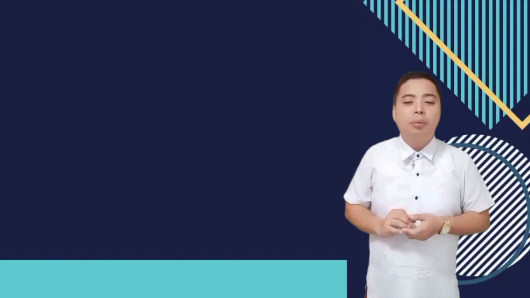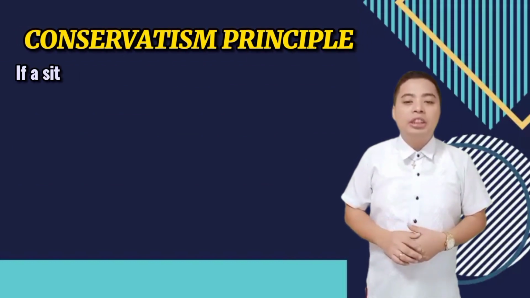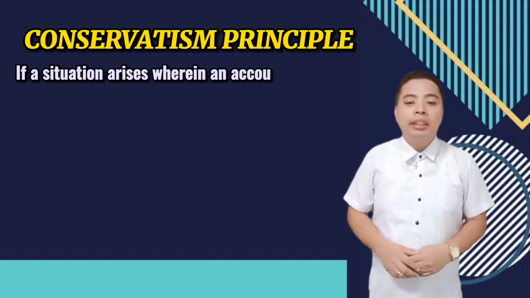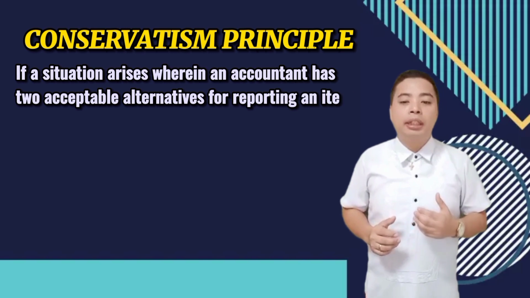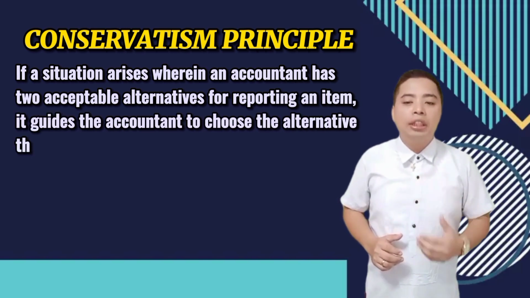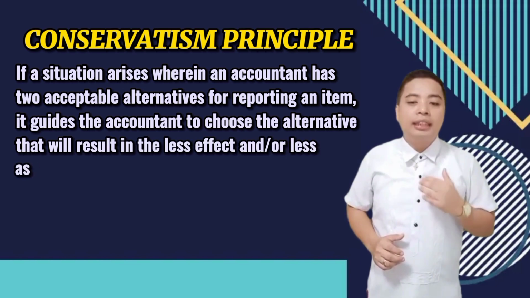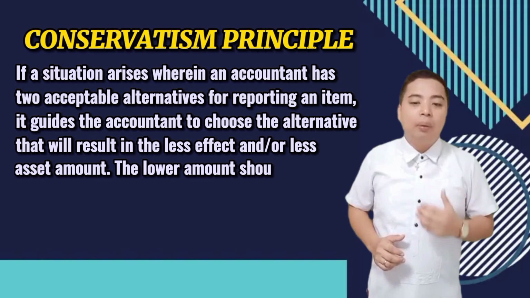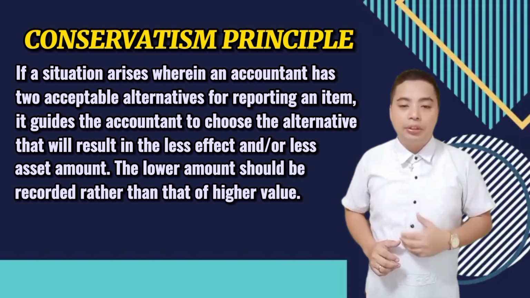Another accounting principle is the conservatism principle. If a situation arises wherein an accountant has two acceptable alternatives for reporting an item, it guides the accountant to choose the alternative that will result in the lesser effect and or lesser asset amount. The lower amount should be recorded rather than the higher value.